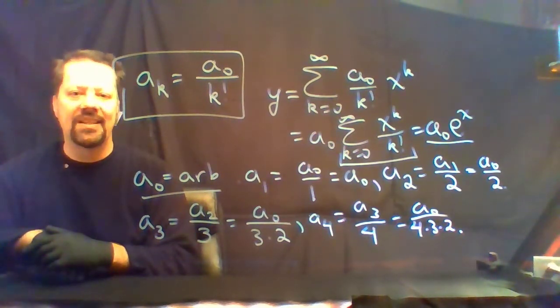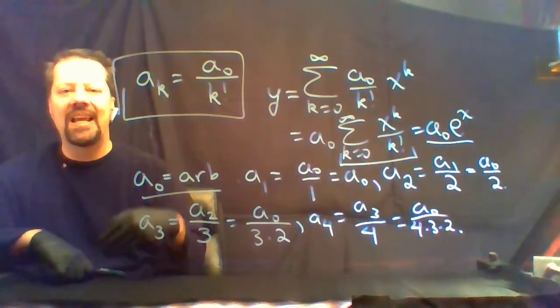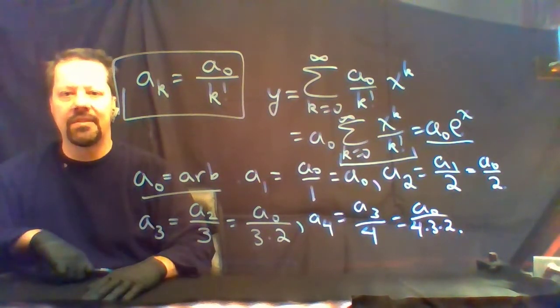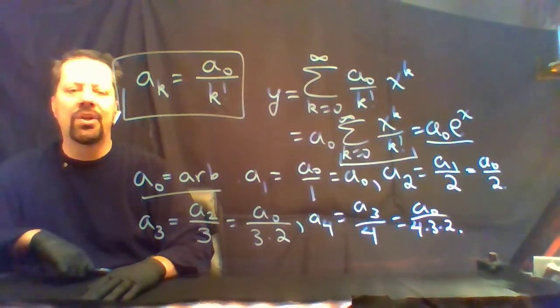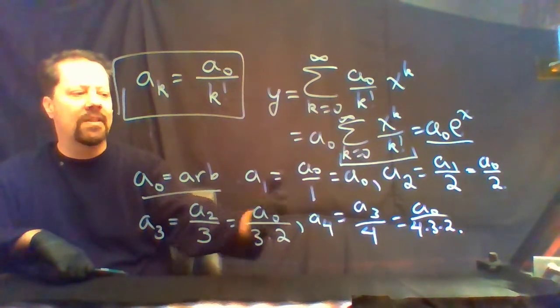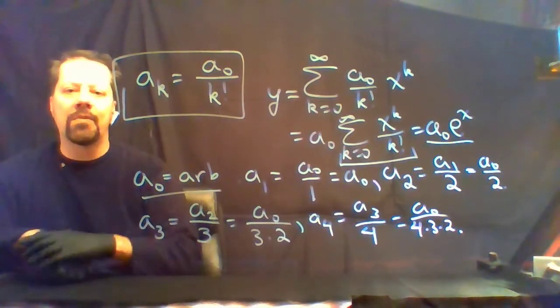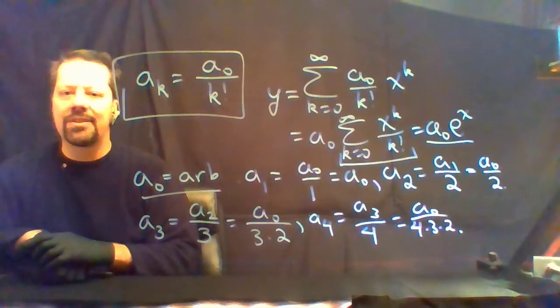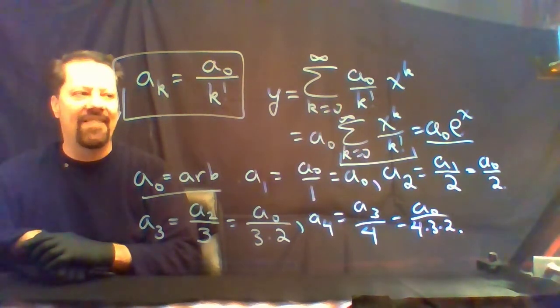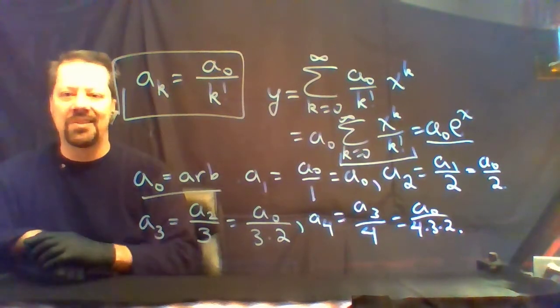After re-indexing, we equated coefficients and obtained a recursion relation. Once we had the recursion relation, we explored that to find a closed form for the coefficients for the power series describing our analytic solution. Once we had that, we wrote down the answer.